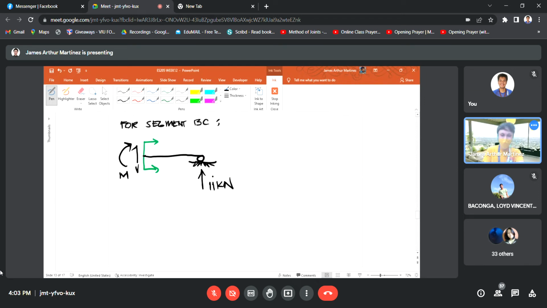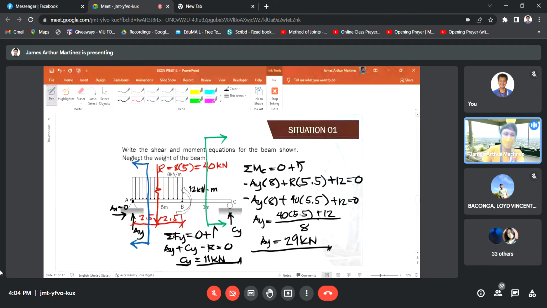So let us establish the distance. As I mentioned earlier, our reference point is the left support, and that is where the measurement of x starts. Meaning, class, from the left support, our reference point, until the cutting point or cutting section, that is the distance x.